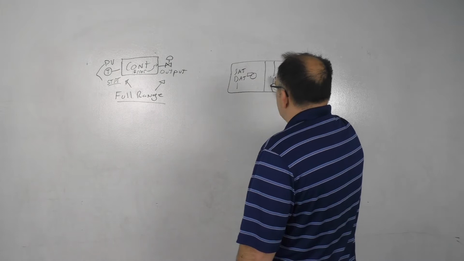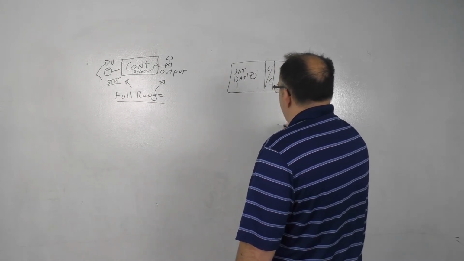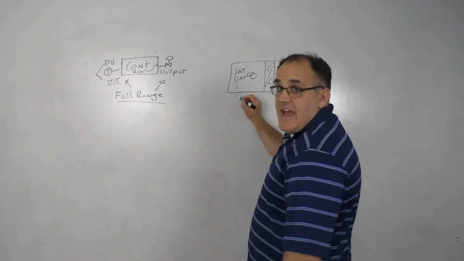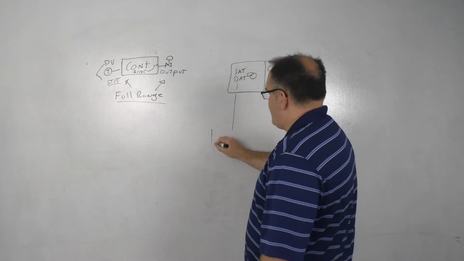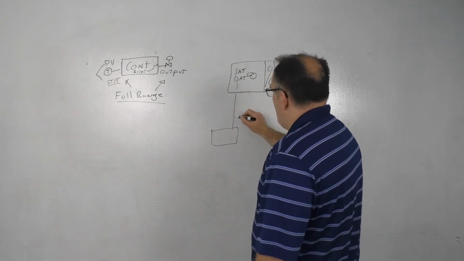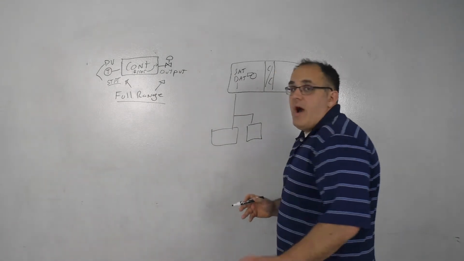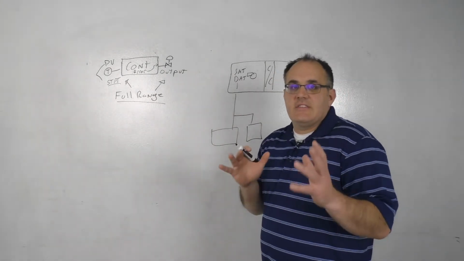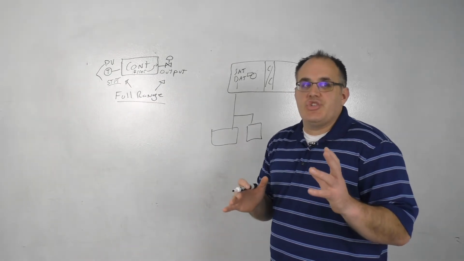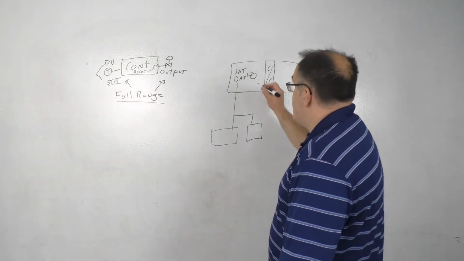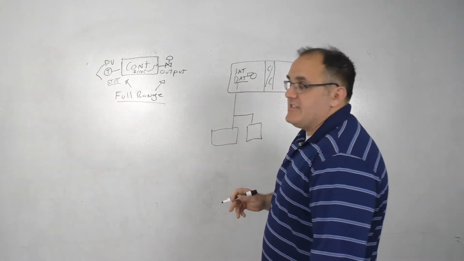And it'll have, maybe we'll give it a cooling coil, okay? And what happens is downstream, either there's a space or maybe there's multiple spaces. And what this optimization strategy's purpose is, is to reset this discharge air.